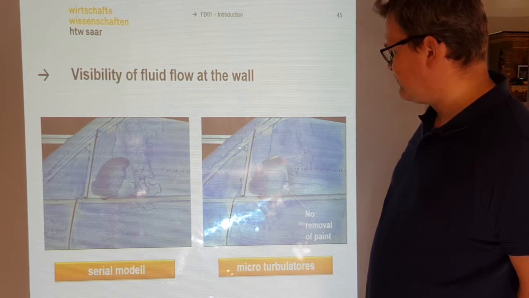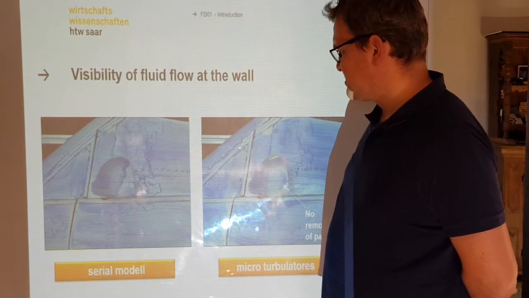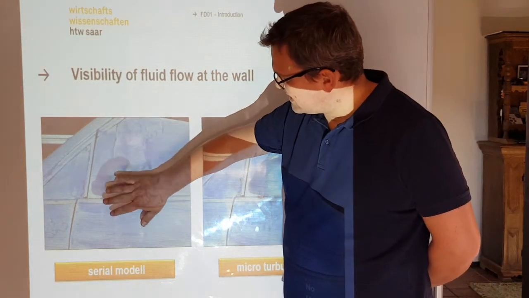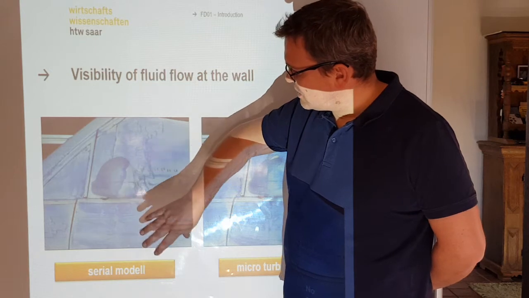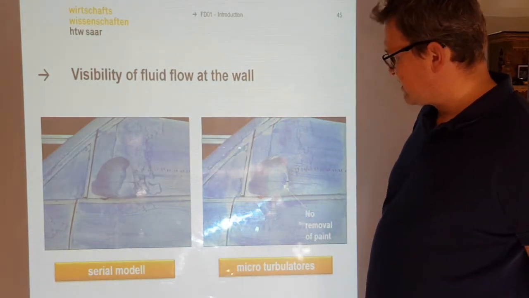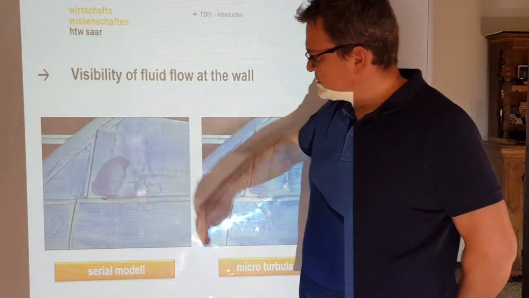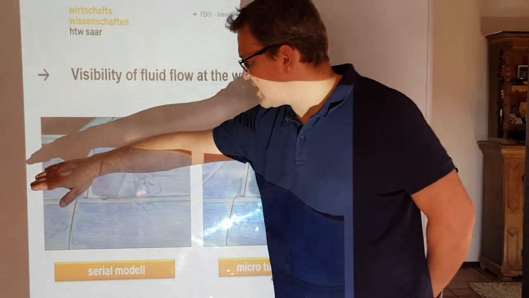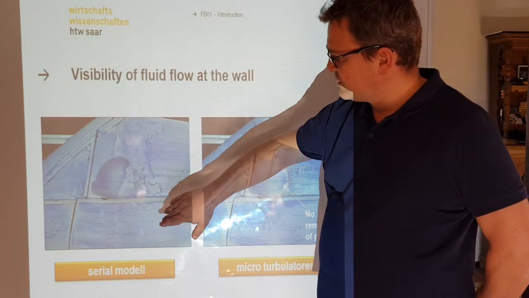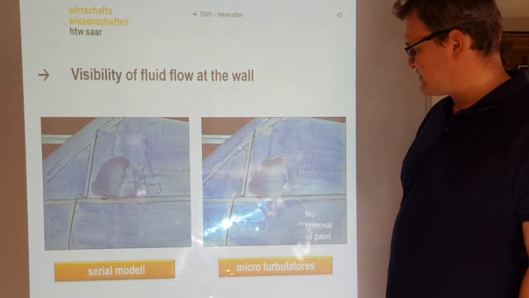I'm not sure what it was, maybe a Mercedes, and they put white and blue color onto the surface of the car, and then they had a high velocity of air from this side, and then you see regions of turbulence and regions of laminar flow around this car geometry.